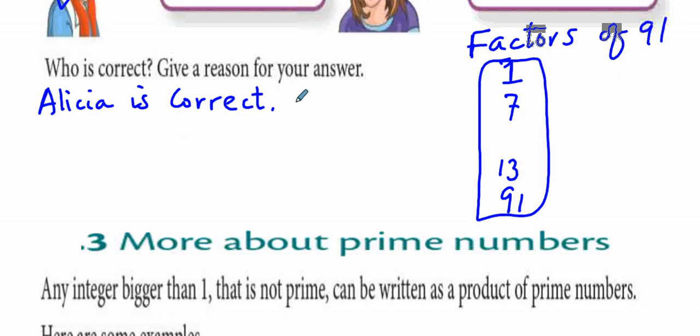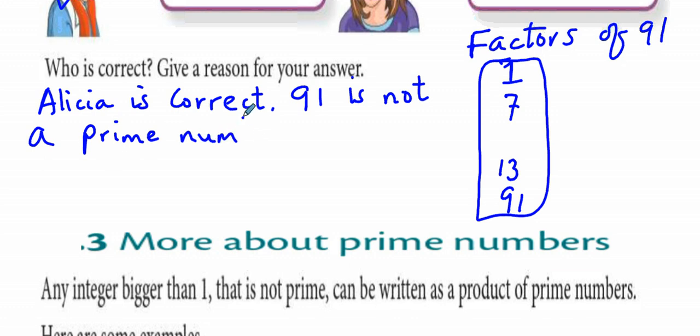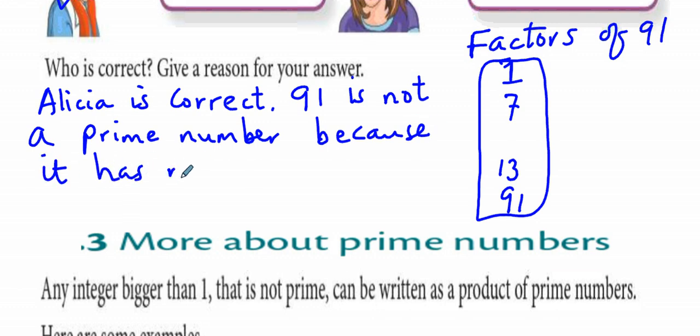Now, give a reason: 91 is not a prime number because it has more than two factors.